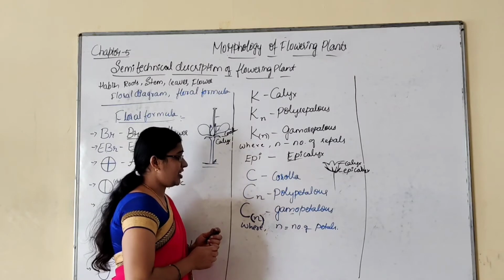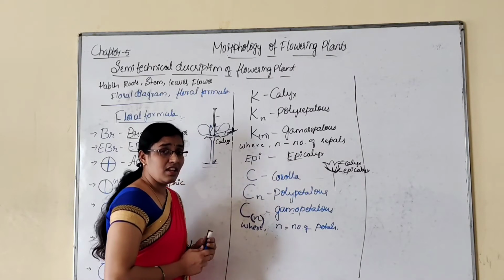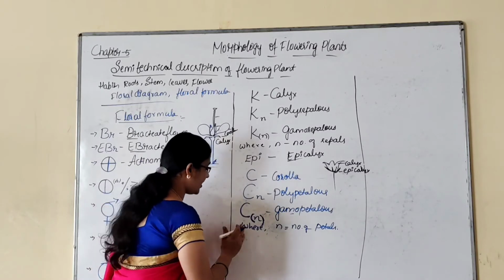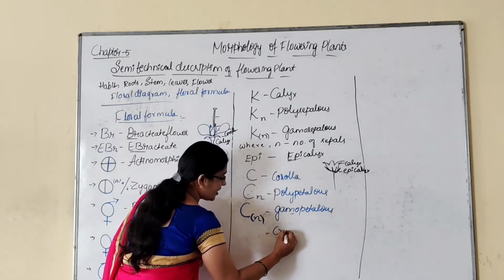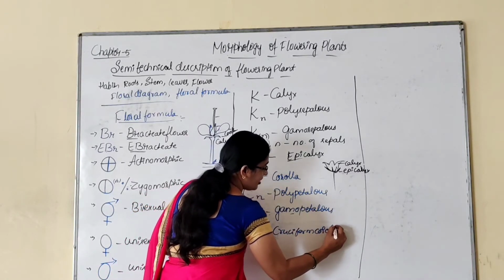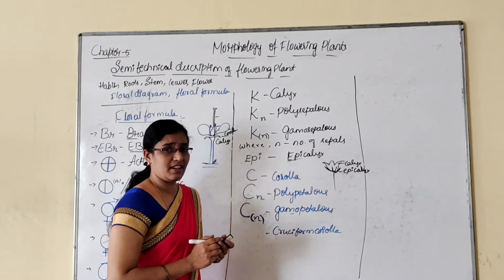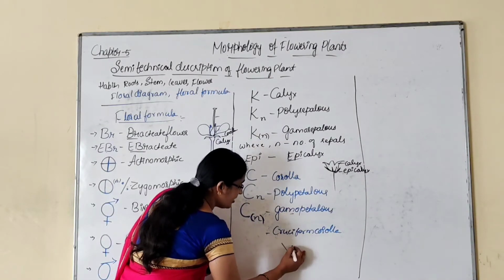But there is one more condition, in the case of the cruciform corolla, as we call it. Let me write that first. Cruciform corolla means the petals will be arranged in the form of a cross like this.